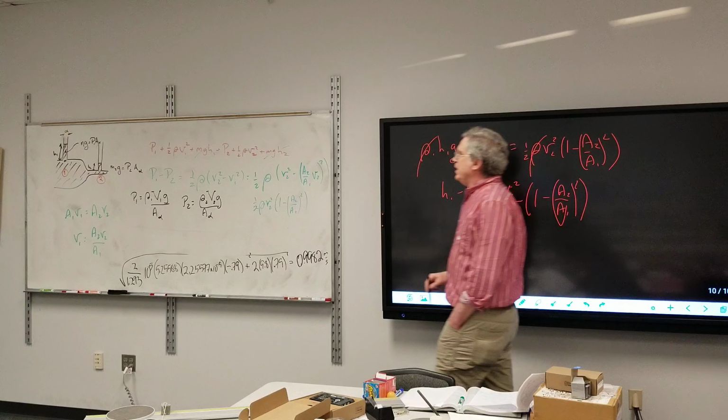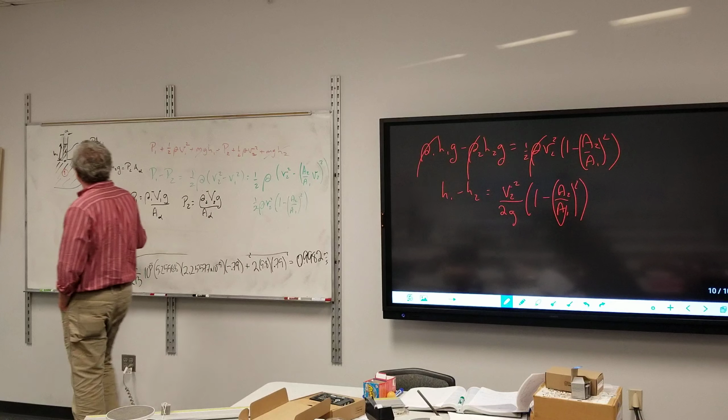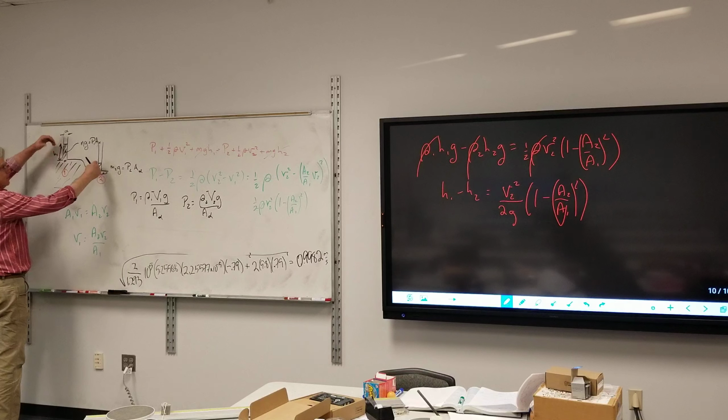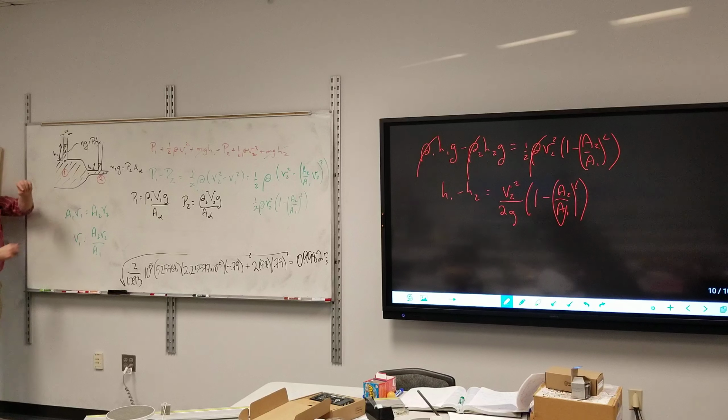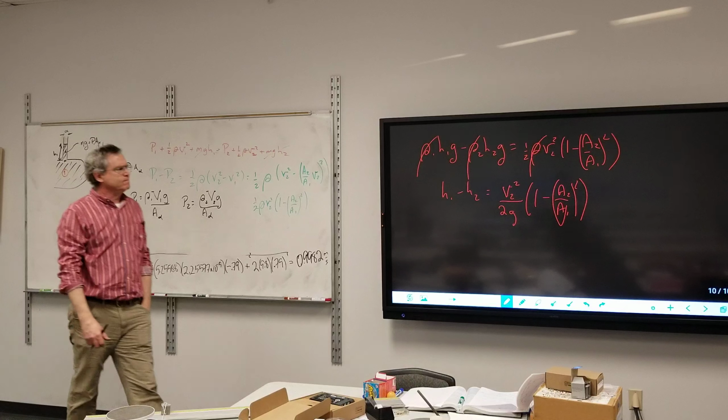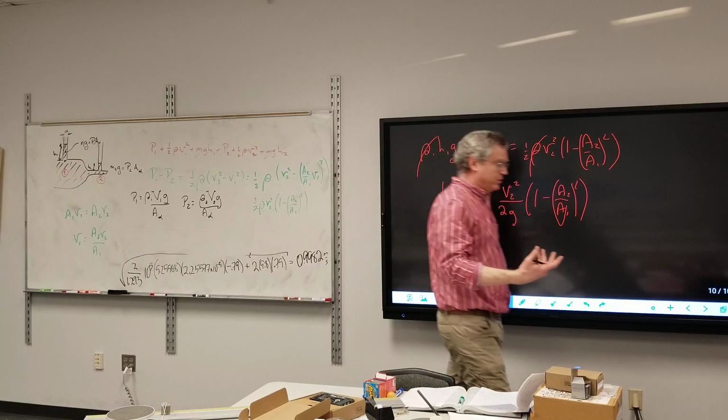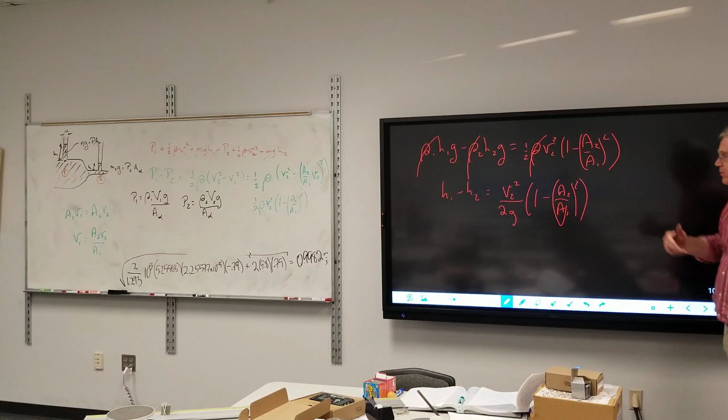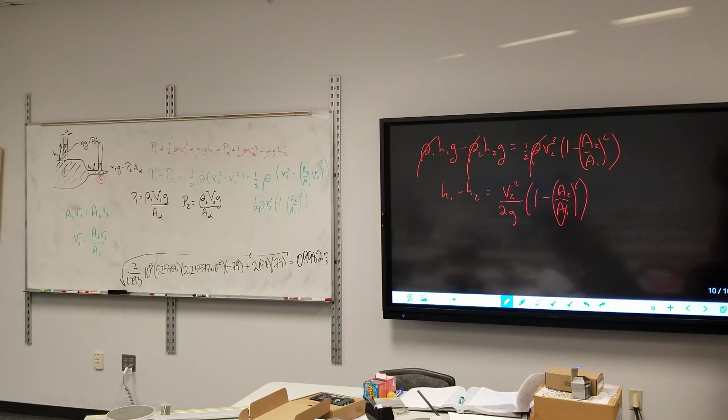So I now have a way, based on the difference in the heights, of figuring out how fast V2 is flowing relative to V1, or how fast the second part is flowing.